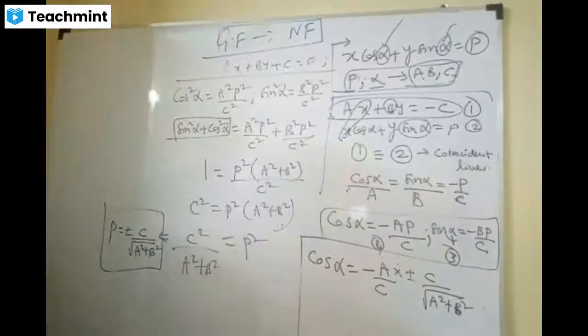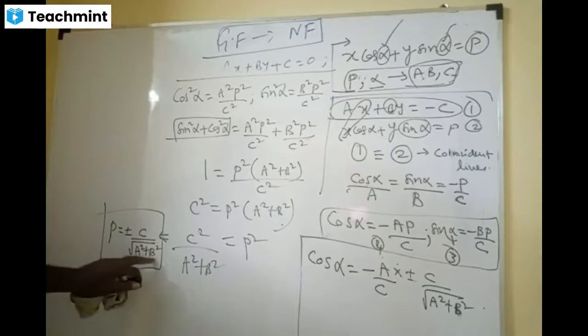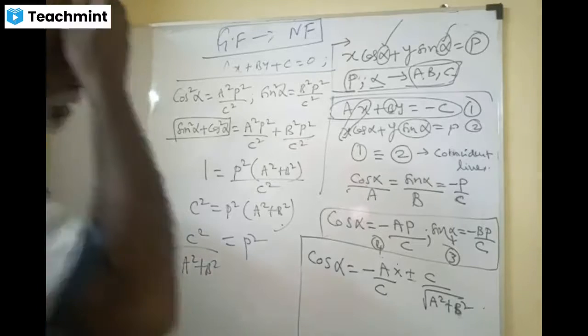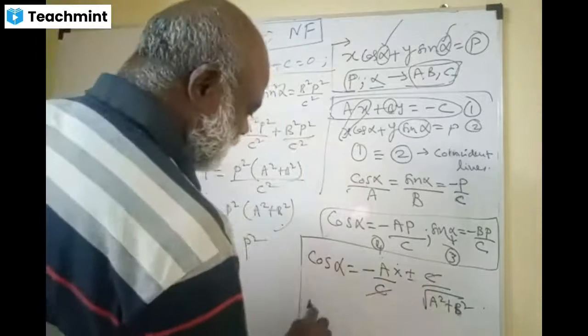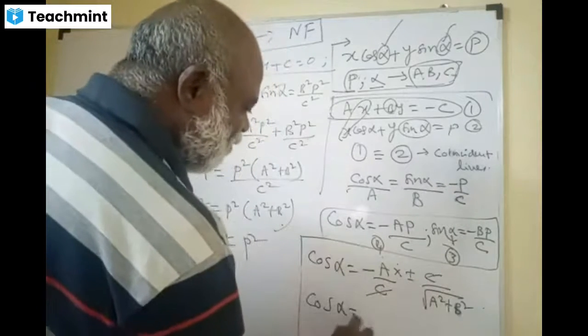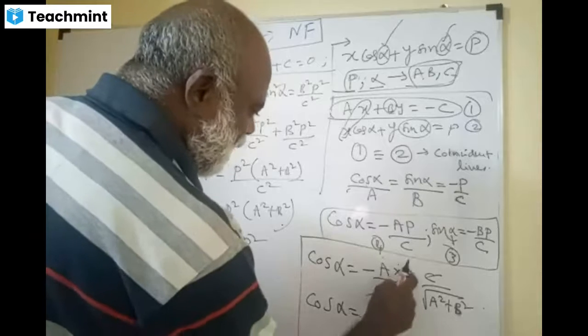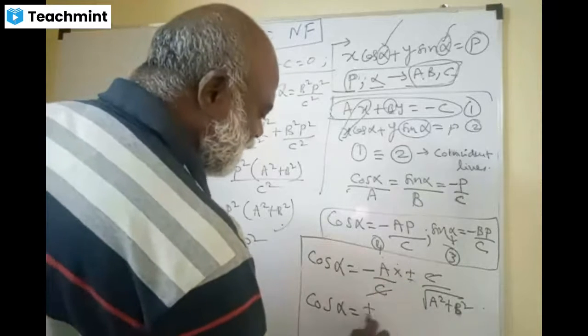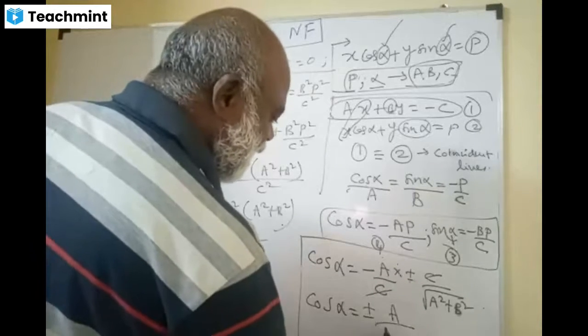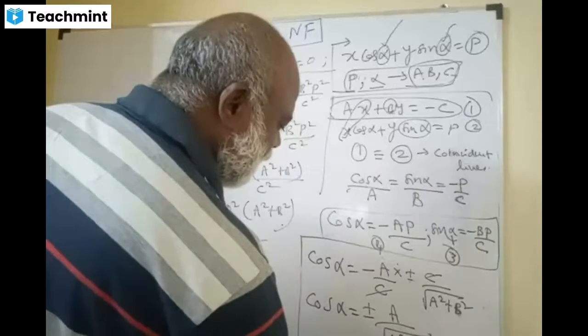Do you understand? In place of P, C by root. C cancelled. So cos alpha is plus or minus into minus, the same plus or minus A by root of A square plus B square.